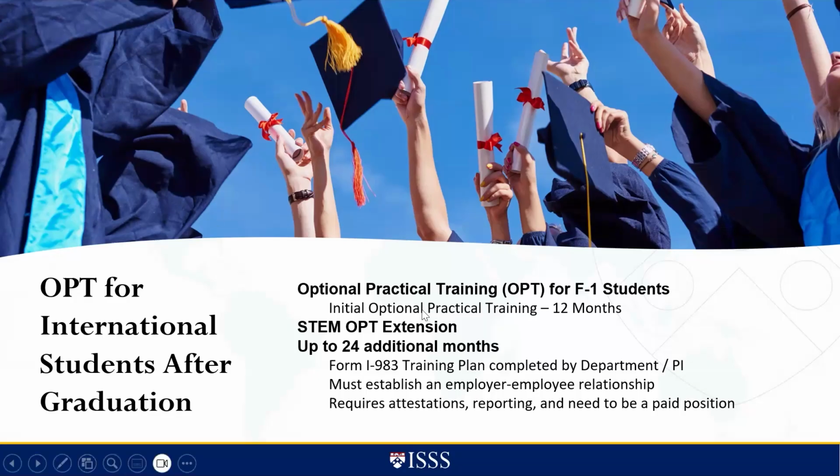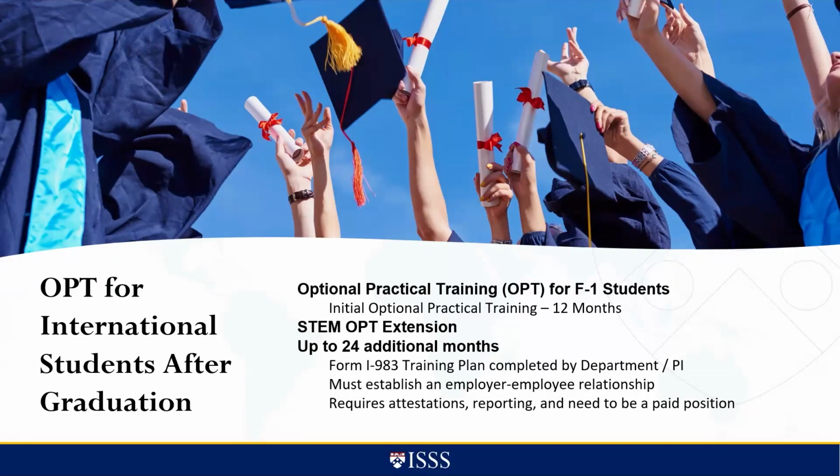So H-1B is not the only option for an international student or scholar to work for your department. Many of the international students do have this OPT and STEM OPT. And the good thing about OPT and STEM OPT is that Penn is not the sponsor, as the student's school is usually the sponsor.